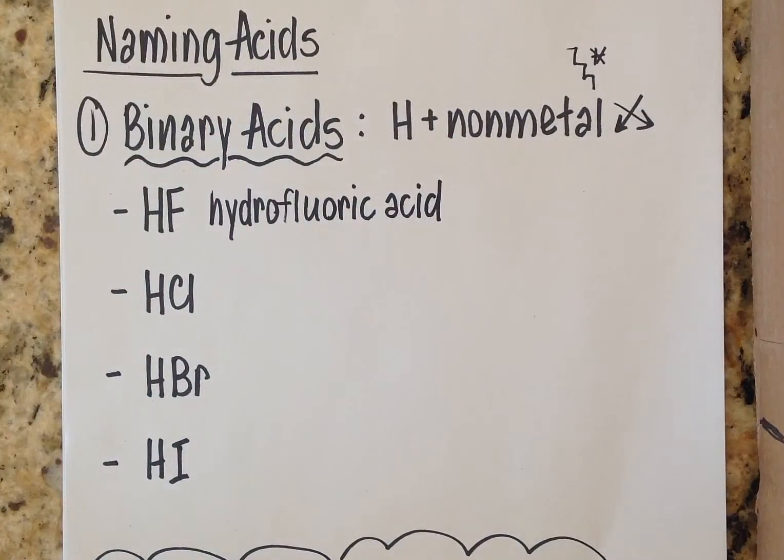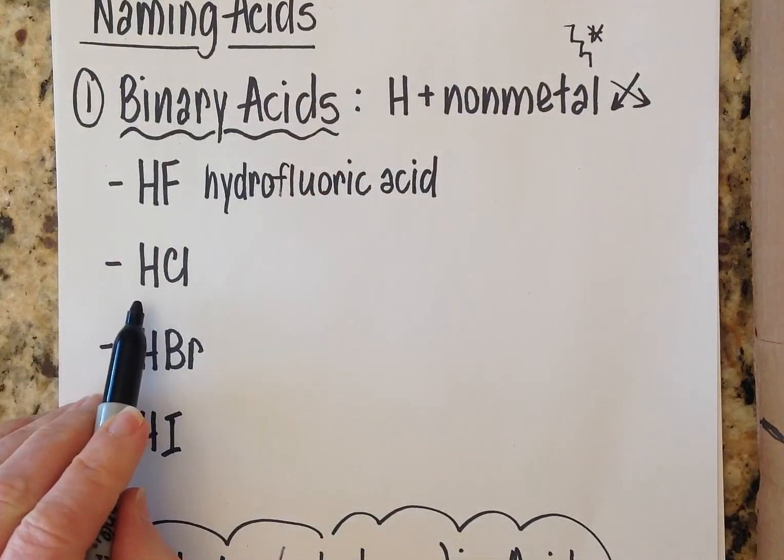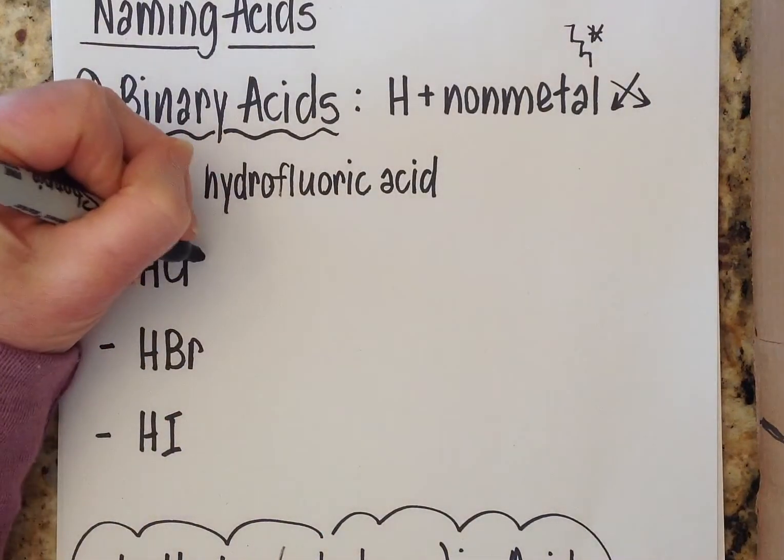I like to tell my students, you look at it and you say hydro whatever ic acid. And the whatever is the nonmetal that you have right after the H. This next one would be hydrochloric acid.